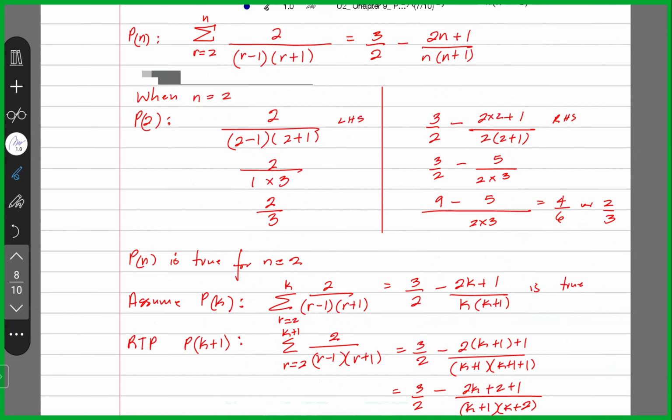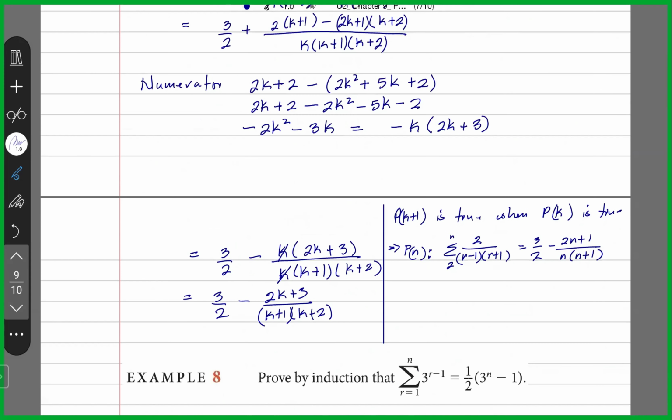This statement is true for all n greater than or equal to 2, and n is an element of the set of natural numbers.